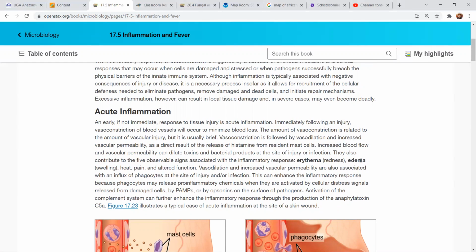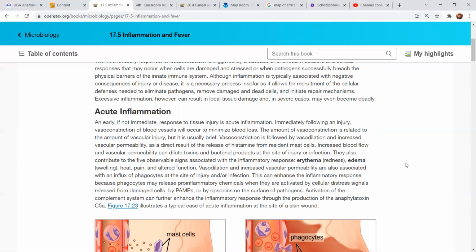So acute inflammation is basically that immediate response to tissue injury. We get vasoconstriction of the blood vessels to help minimize blood loss. And so the amount of vasoconstriction is related to the amount of vascular injury.